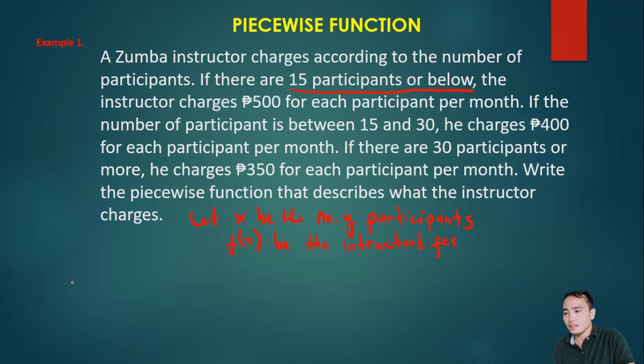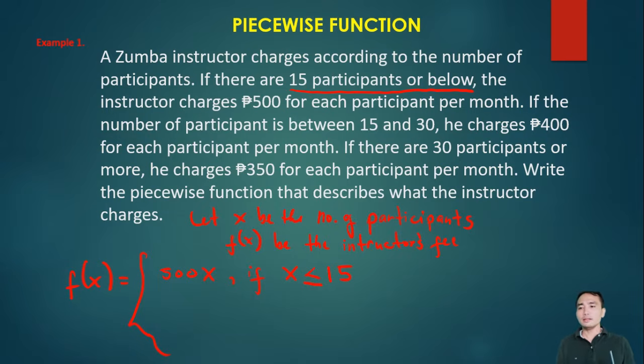So that is f of x equals 500 times x if the number of participants is less than or equal to 15.